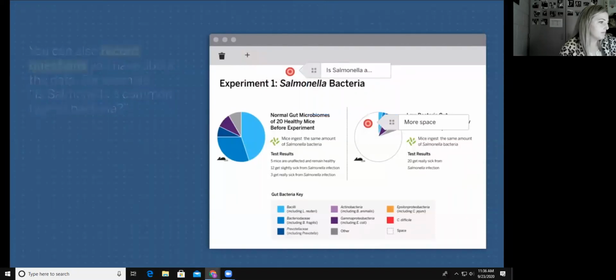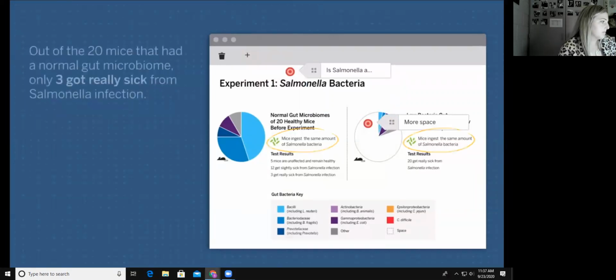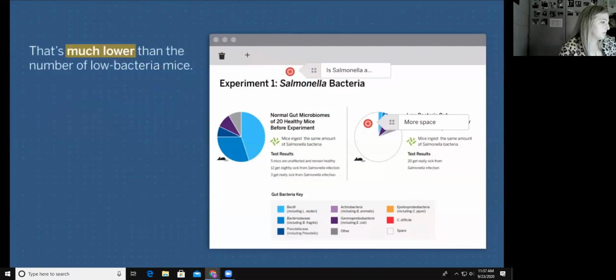In this experiment, all of the mice ingested the same amount of Salmonella bacteria. Out of the 20 mice that had a normal gut microbiome, only 3 got really sick from Salmonella infection. That's much lower than the number of low bacteria mice.